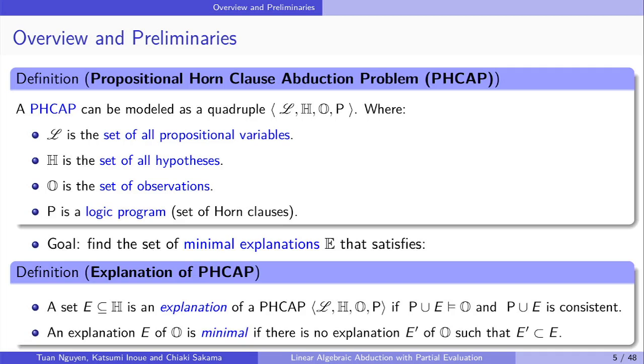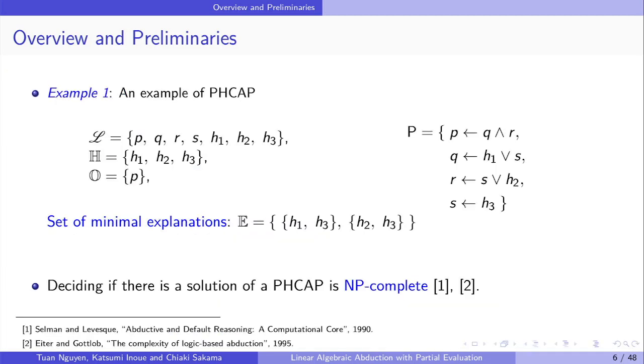The goal is to find the set of minimal explanations that satisfy the following definition. A set E is an explanation of the PCAP if and only if E together with the theory P is consistent and also entails the observation set. An explanation E is minimal if no subset of it is also another explanation.